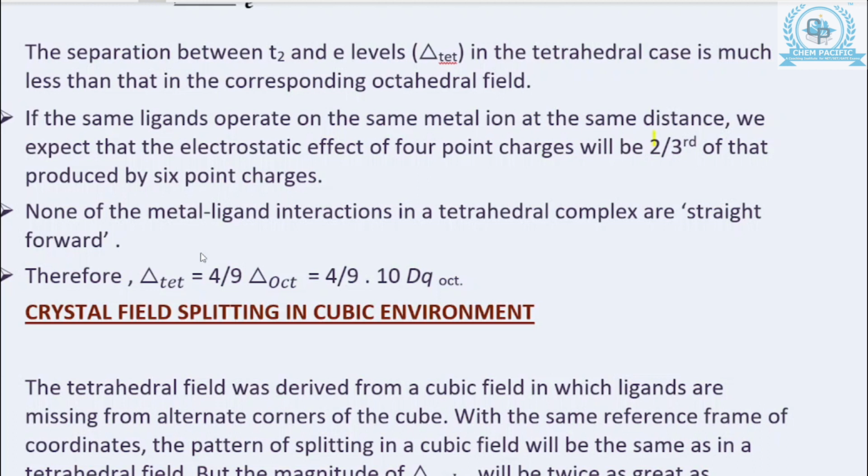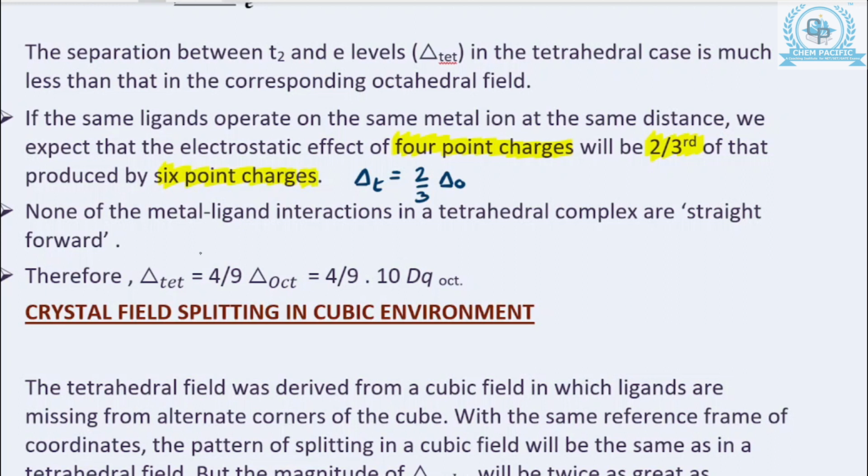attraction, the electric force of attraction decreases and delta T decreases by 2/3 amount. Since there are 4 point charges in this case, 2/3 amount of delta 0, as compared to the 6 point charges of the octahedron. Clear?